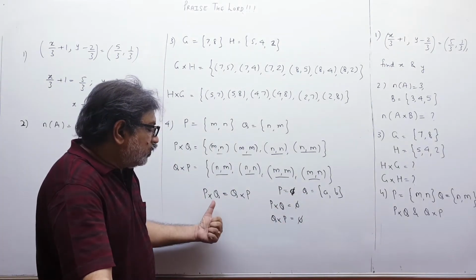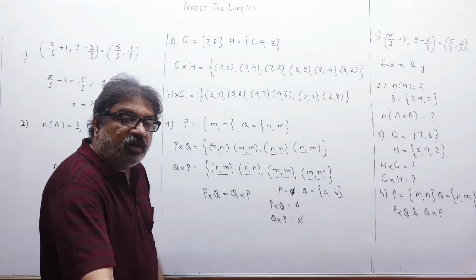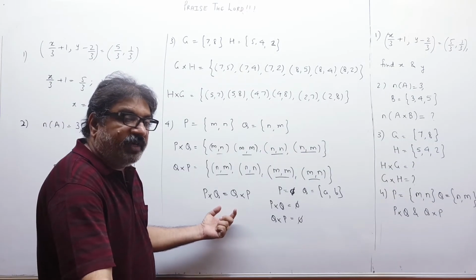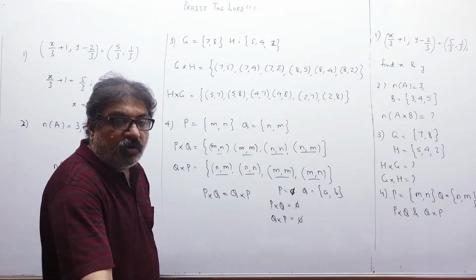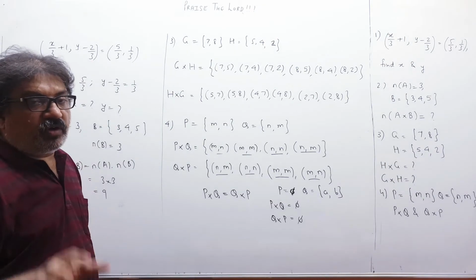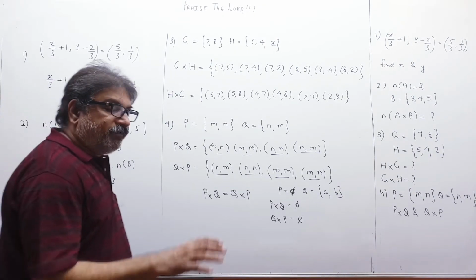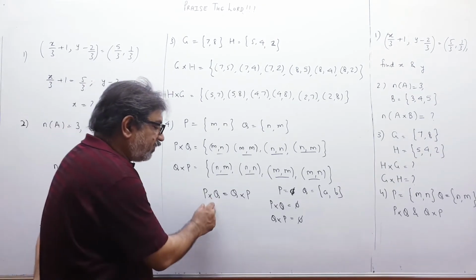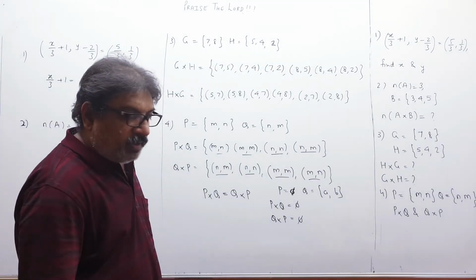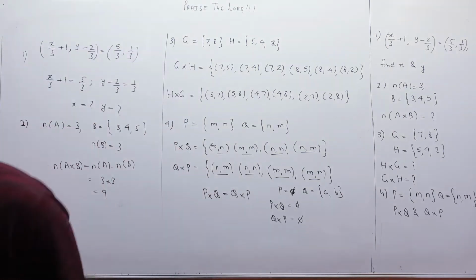So P cross Q equal to Q cross P does not mean P equals Q. It will mean P and Q are equal only when both are non-empty sets. Okay? So if P and Q are non-empty sets, and then if we find this, then we can say P equals Q, otherwise no. Please pause and copy, children. I'll do more sums.